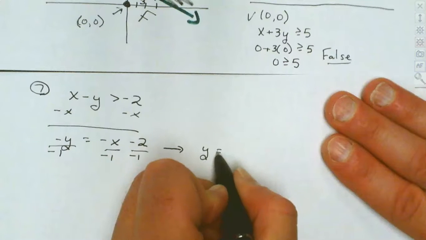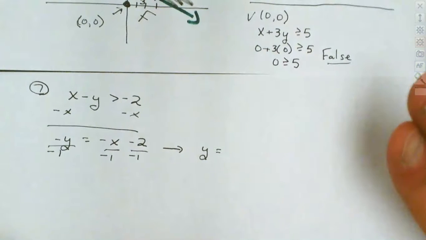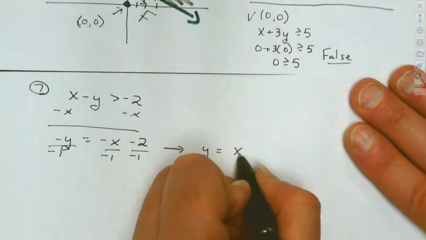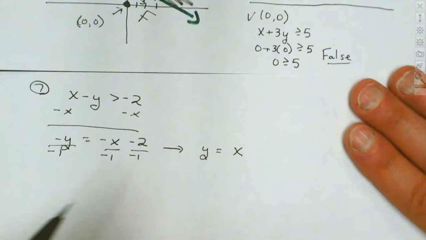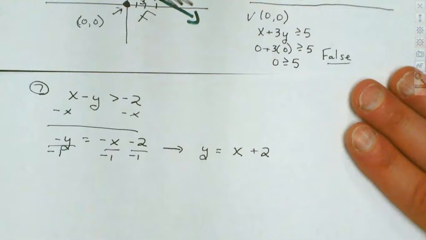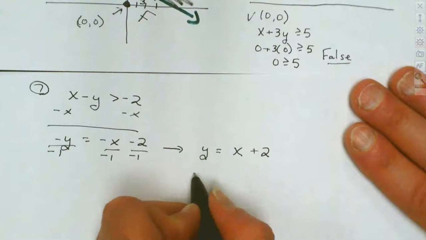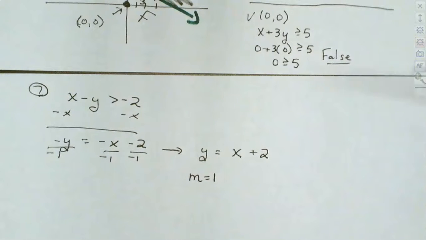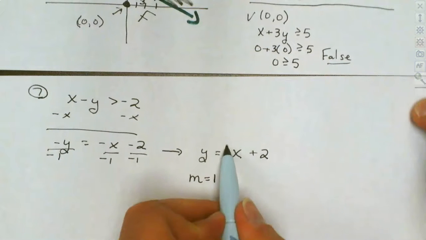Now we've got our slope-intercept form, which is y equals, now, negative and negative makes it a positive x plus 2. No number in front of the x, so it's understood that there's a 1 there.